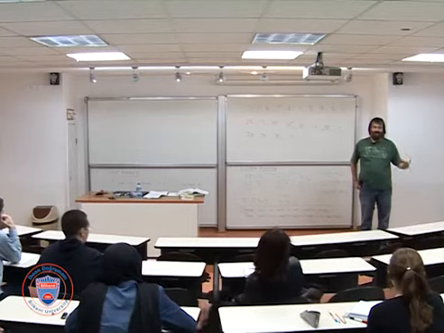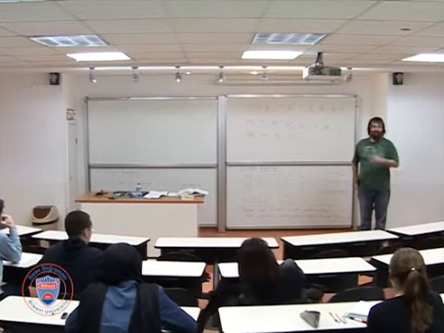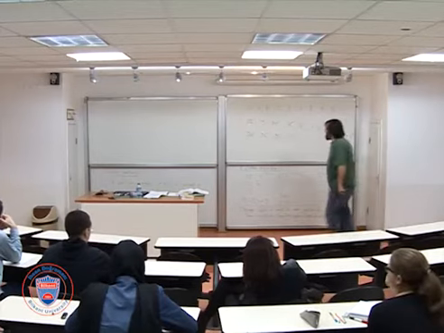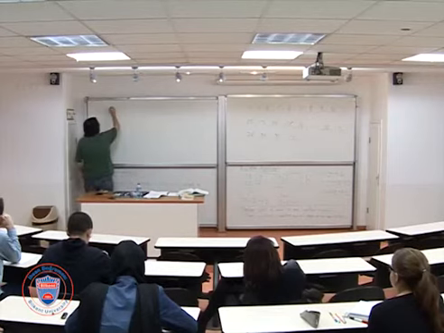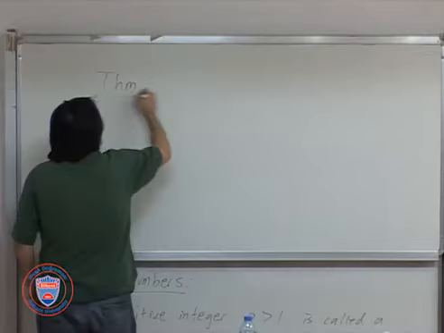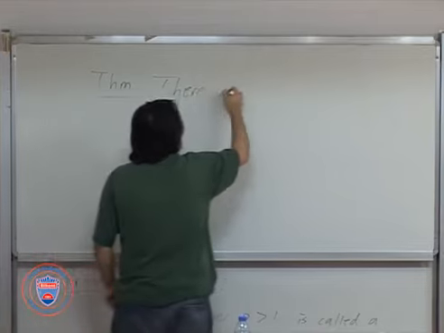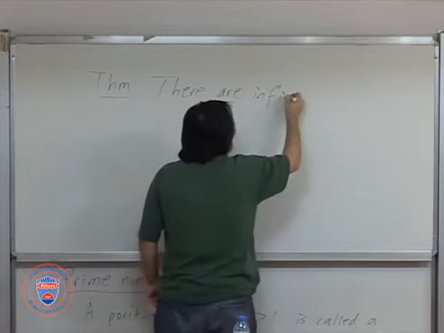How many people know why? 1, 2, okay. There's actually a very simple argument why there are infinitely many primes. So there are infinitely many primes.